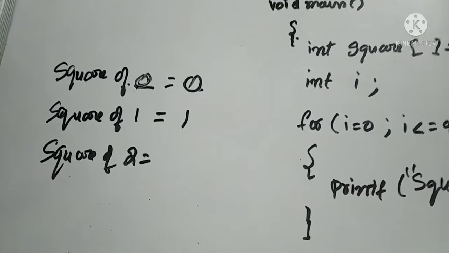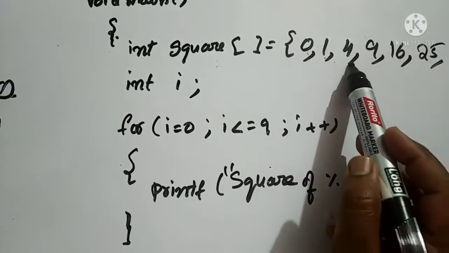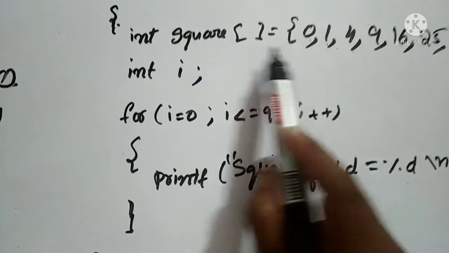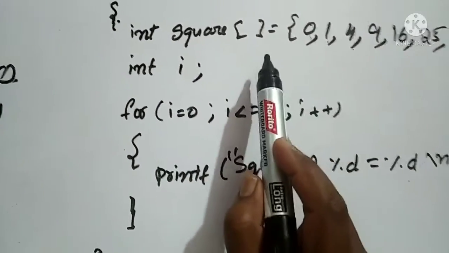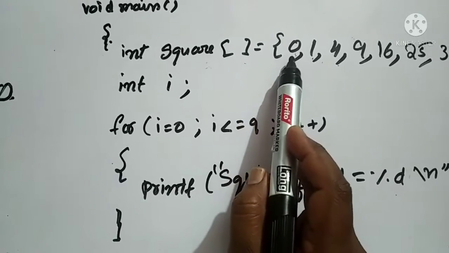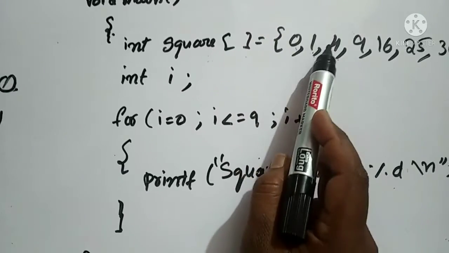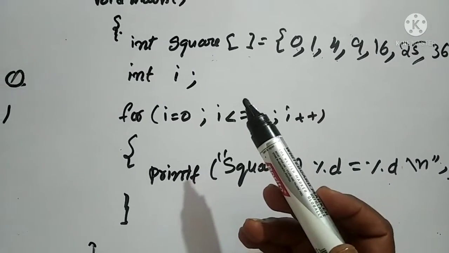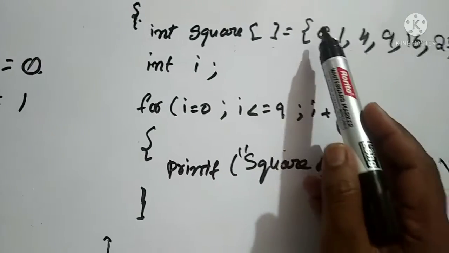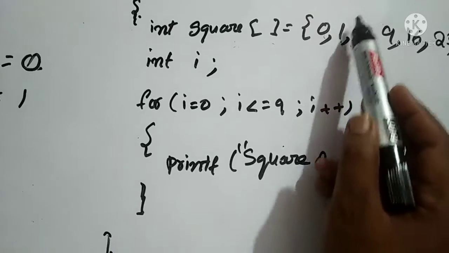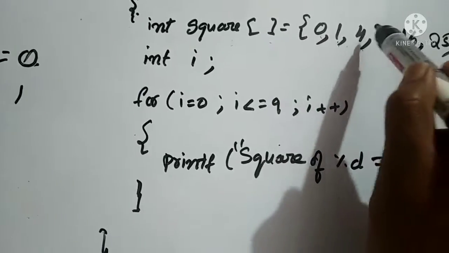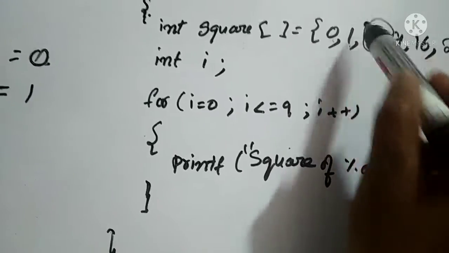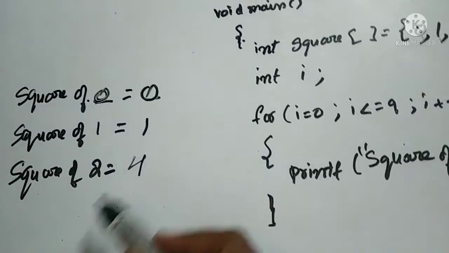Here the square is an array. In that array, the first number is 0, the second number is 1, and the third number is the one at position 2, because the counting here starts from 0, 1, 2, 3, so I have to start from 0. So 0, 1, 2, in the second position we have the value 4, so 4 will be displayed.